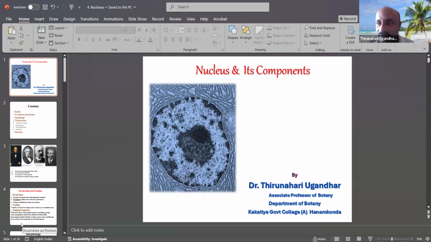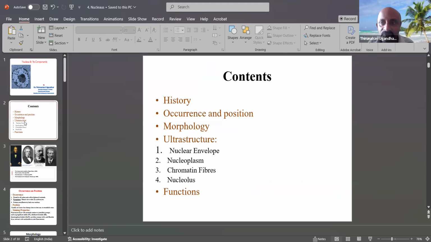Every living organism has a basic structural, functional, developmental unit, also called a molecular unit, which is the cell. Today we are discussing the history of the nucleus, then occurrence and position, morphology, and ultrastructure.